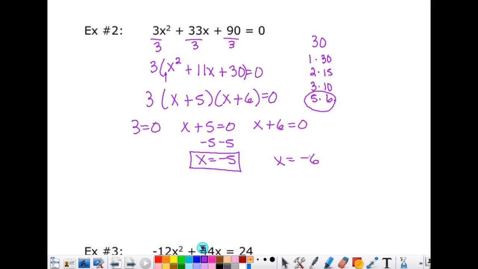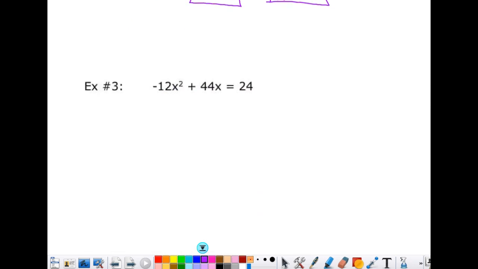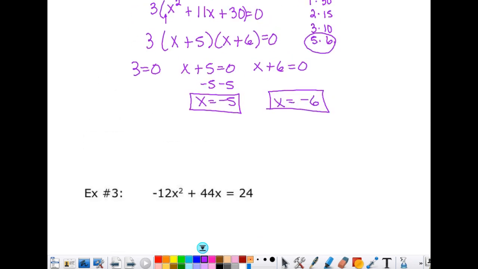It's just the opposite sign. So that'll save you a little bit of your pencil graphite also, right? So this parabola crosses the x-axis where? At negative 5 and negative 6. Y'all got that?